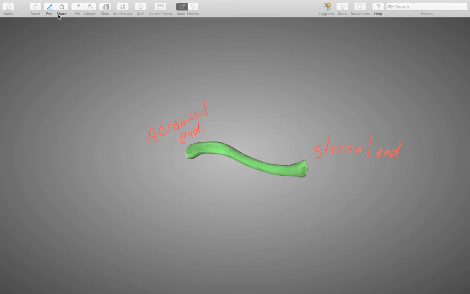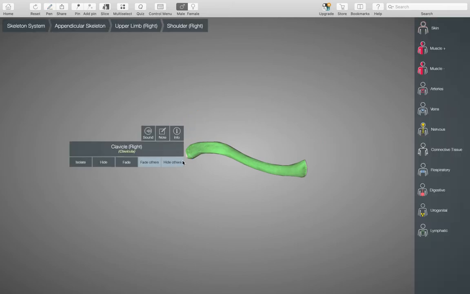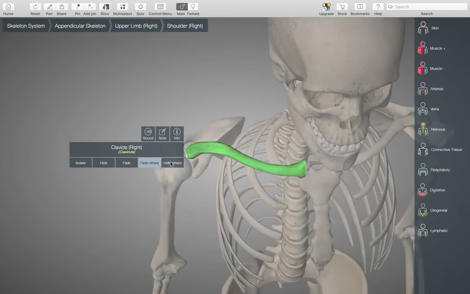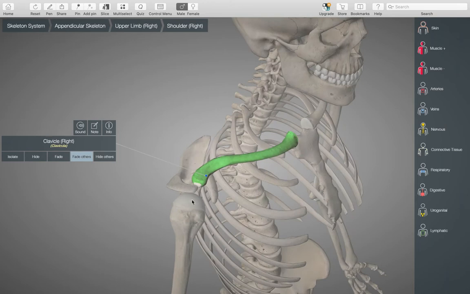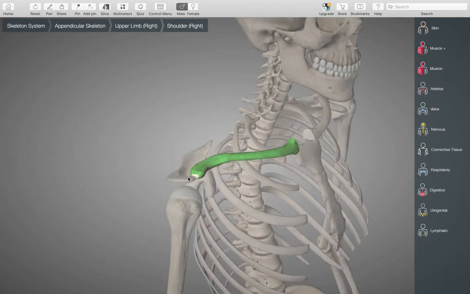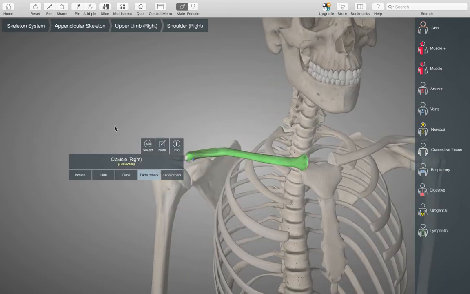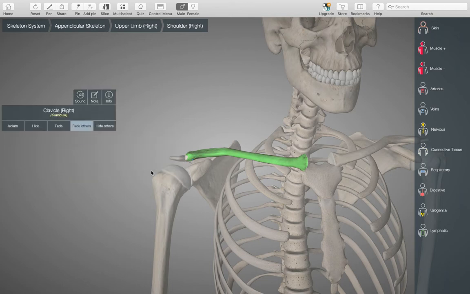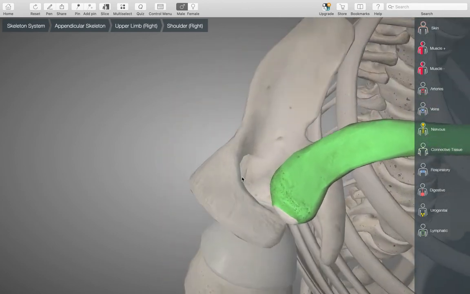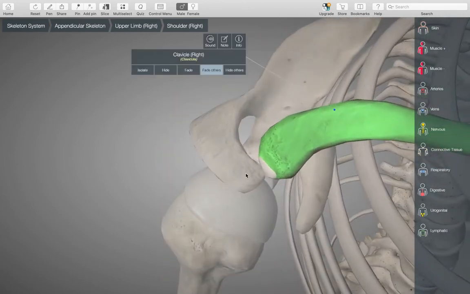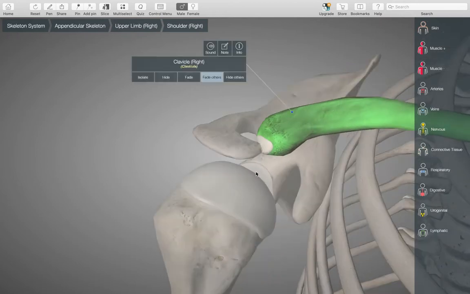The acromial end is named for the little joint here, the acromion joint, the joint that exists between the clavicle and the scapula. That is called the AC joint, or the acromioclavicular joint.